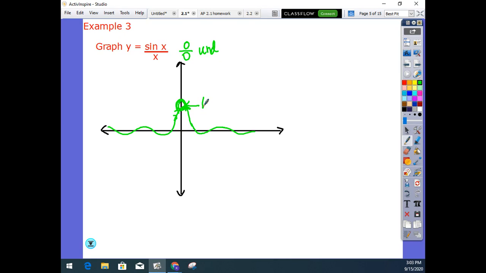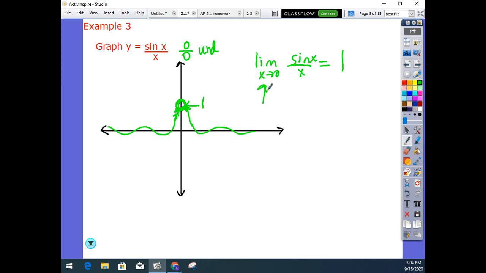So f of 0 doesn't equal 1, but what we say is the limit as x gets close to 0 of this equation, sine of x over x, equals 1, because as I get really close on each side, the y value is getting close to 1.